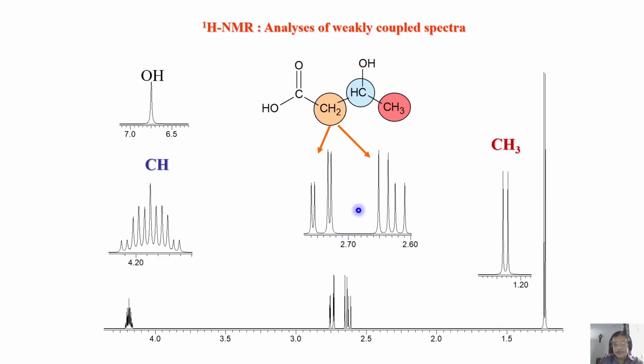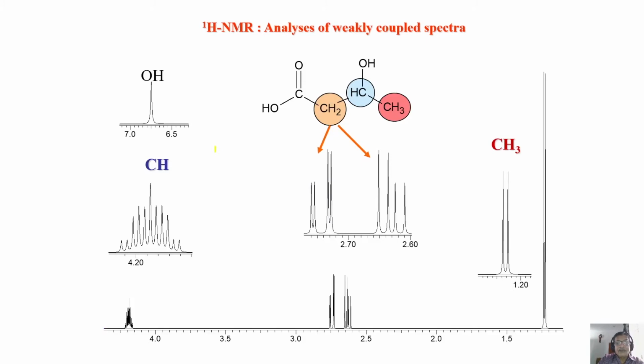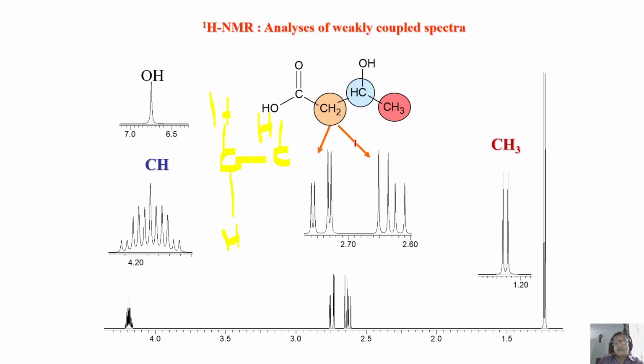Now, interestingly, I can write the structure of this like this. For this one, I'll write C here, 1 proton here, and another proton here, C, and 1 proton here. This is the structure I am going to write for this molecule, for this CH2 group and its CH.